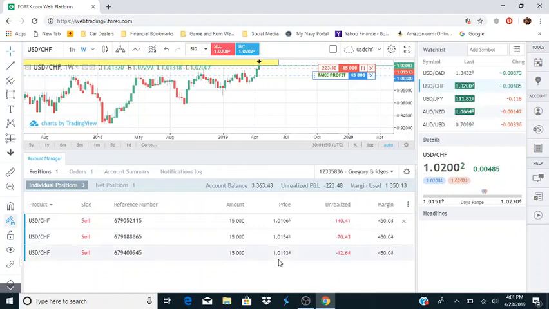If you remember what I told you about Forex.com, if you have multiple trades, they'll average all 3 of them and give you a total lot size, which is 15 times 3, or 45,000 lots, and an average on the position you're in. So my new position is right here, 1.01513.